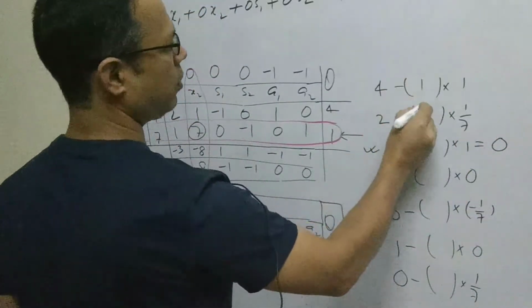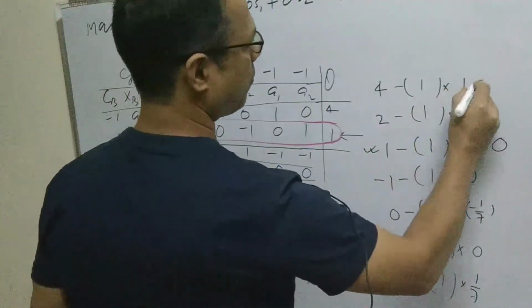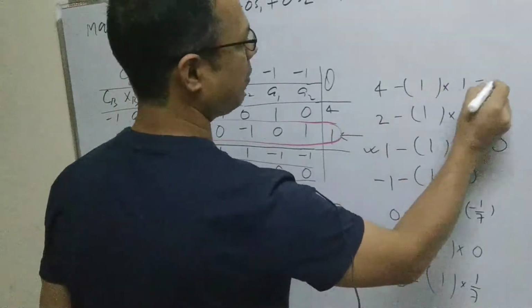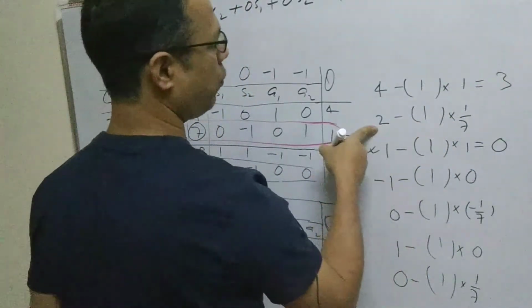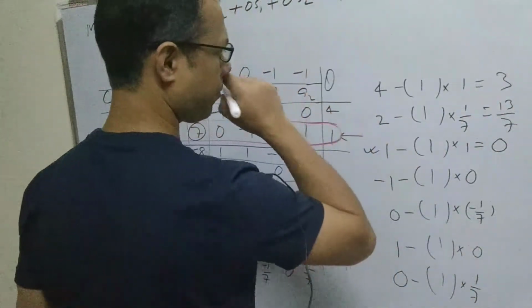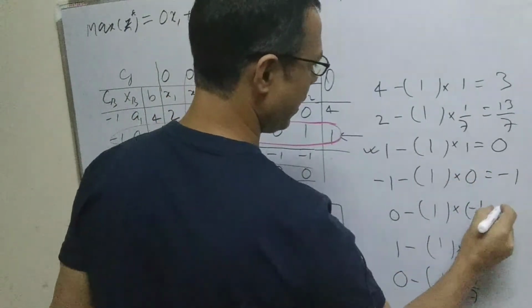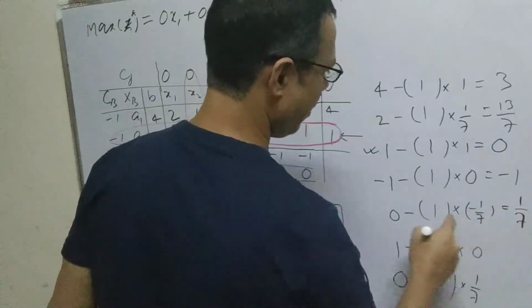So just we need to put this 1 at all these common positions. So 4 minus 1, 3. 2 minus 1 by 7: 7 into 2, 14, 14 minus 1, 13, so 13 by 7. Now 1 minus 1, 0. Minus 1, 0, minus 1: minus minus is plus, plus 1 by 7.